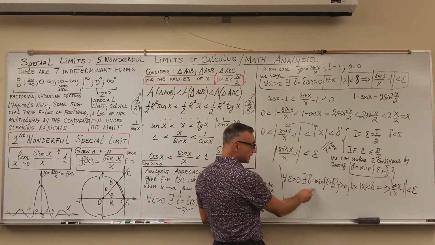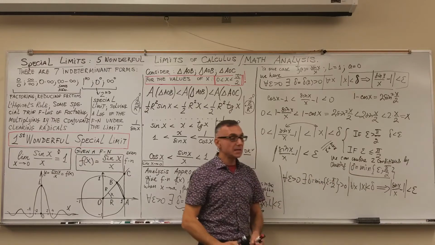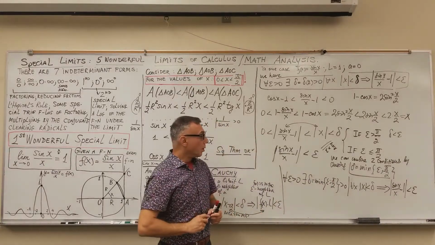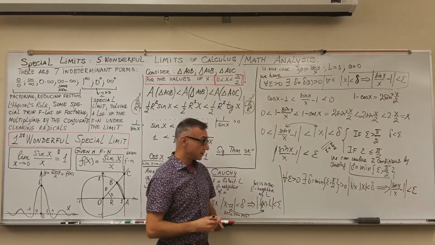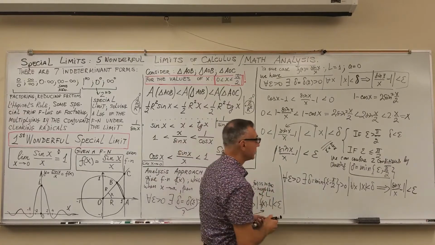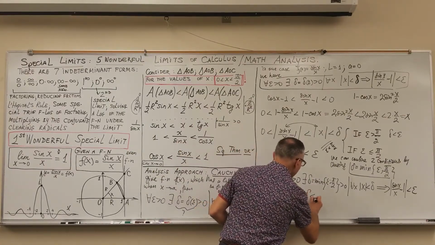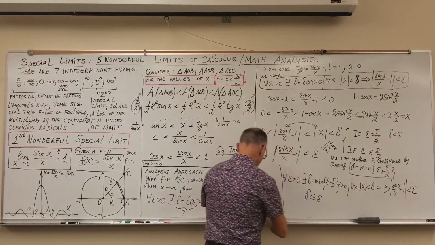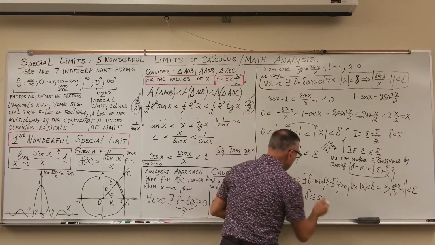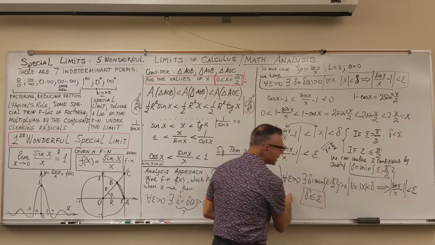By choosing delta equal to the minimum of epsilon or pi over 2, whichever is smaller, in general it means that delta is less than or equal to epsilon. That's the condition for my delta.